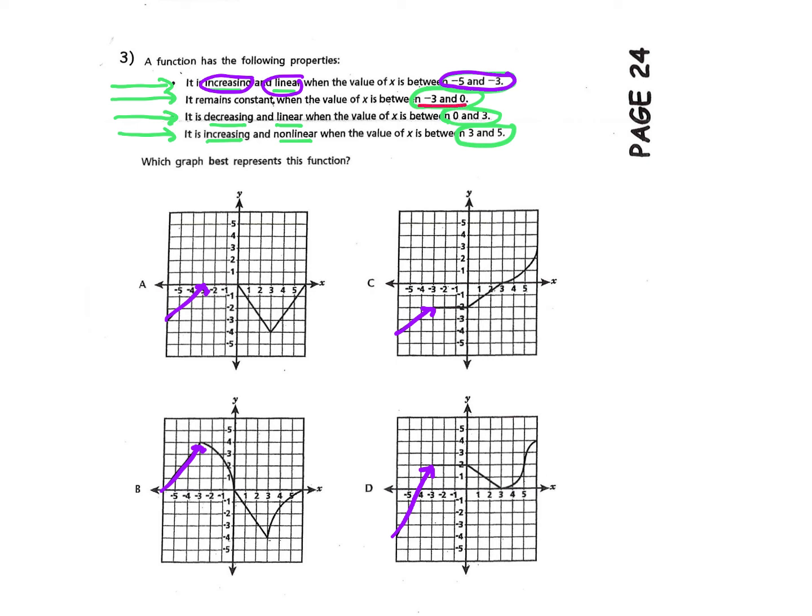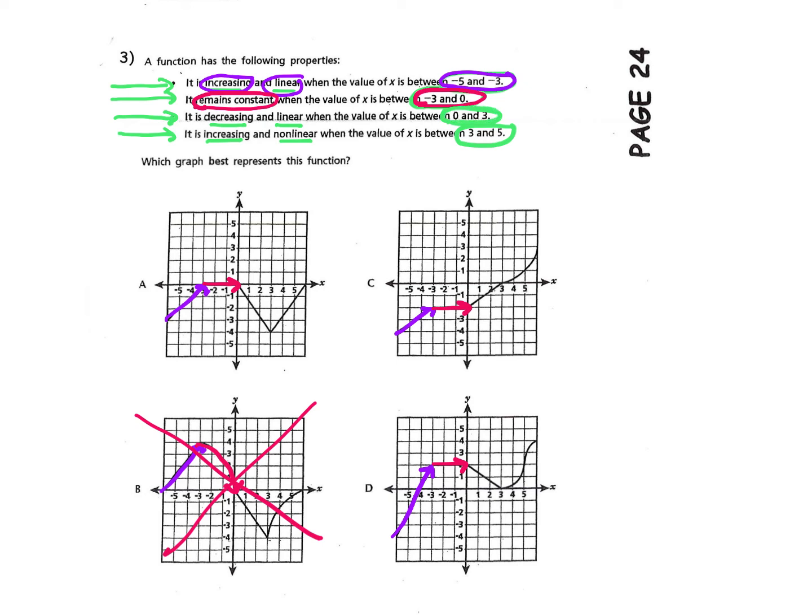From -3 to 0, it must remain steady and constant. In other words, stay the same. Well, this stays the same. So does this. And so does this. But letter B is nonlinear and decreasing, so it's out. Let's check the next one.